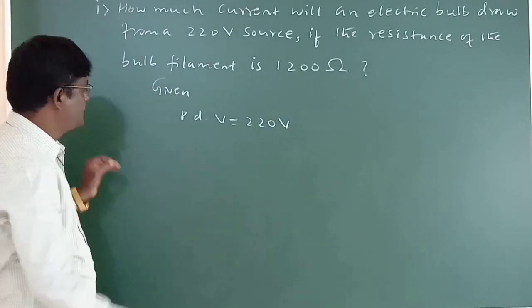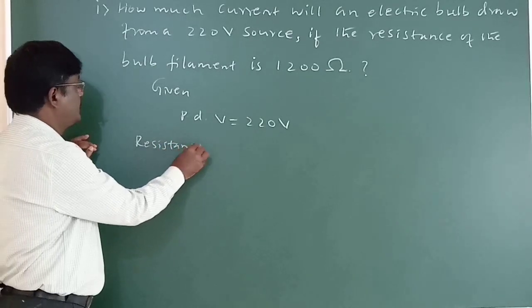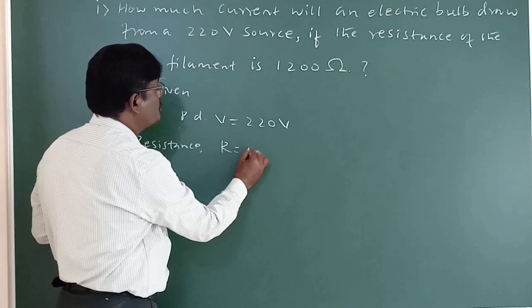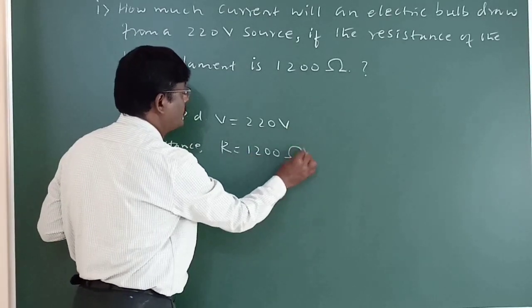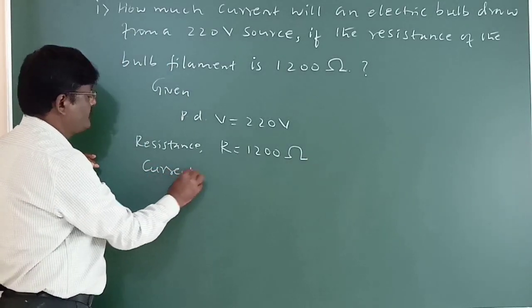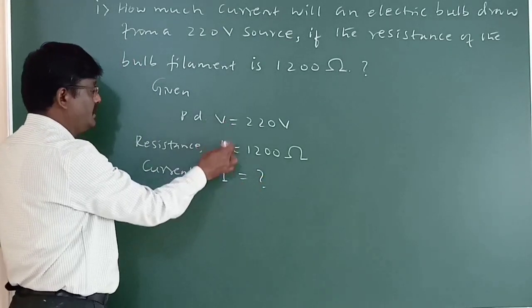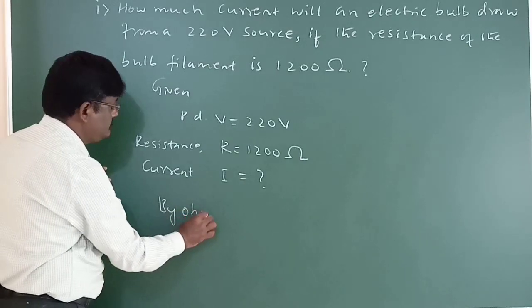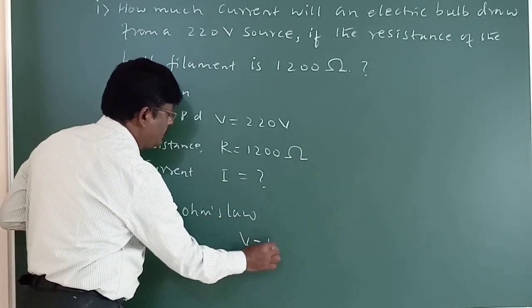The resistance is given in ohm. We have to find the current, I. We know the relation between V, R and I by Ohm's law: V equals I R.